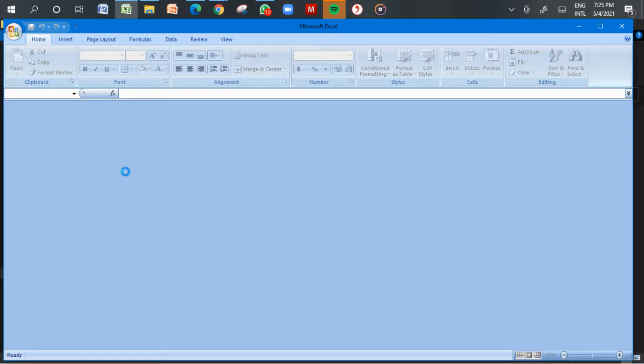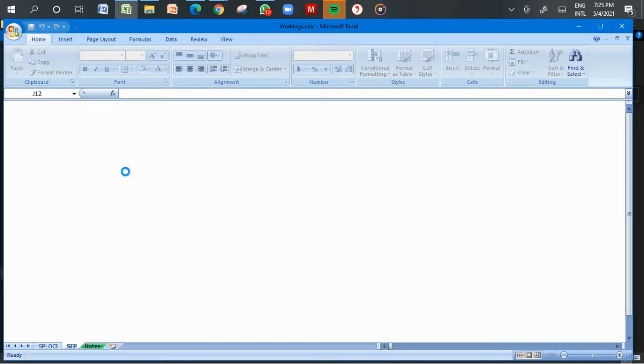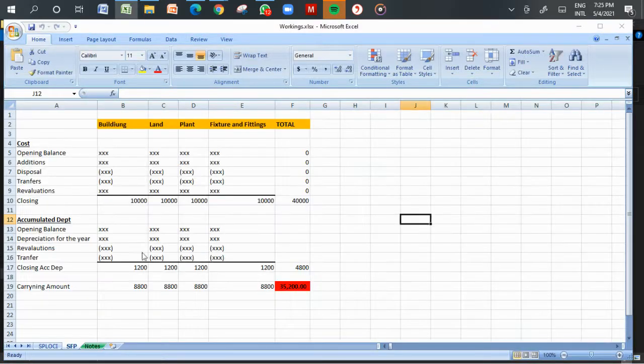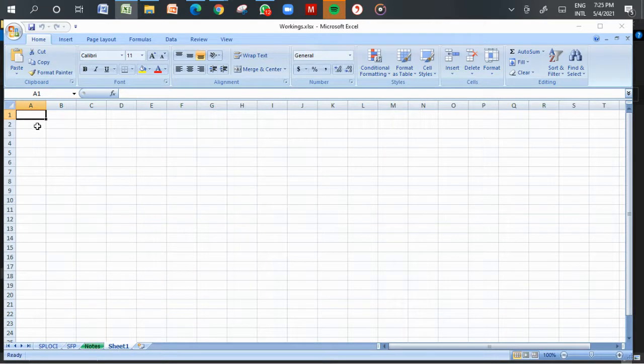Okay, so for impairment, in terms of IAS 36, we say an asset is impaired if the carrying amount is more than the asset's recoverable amount. So when we do an impairment review, we're comparing two things: the carrying amount versus the recoverable amount.